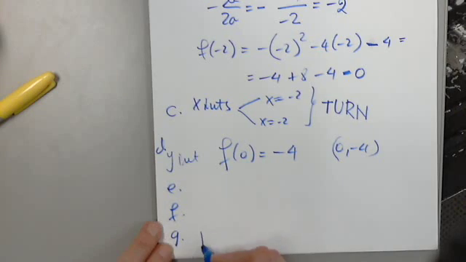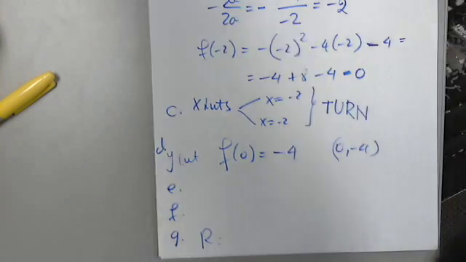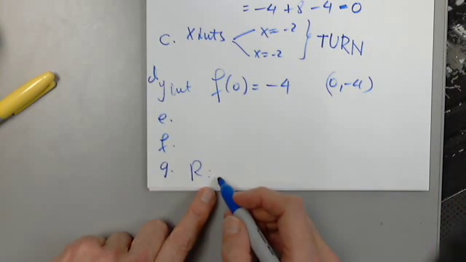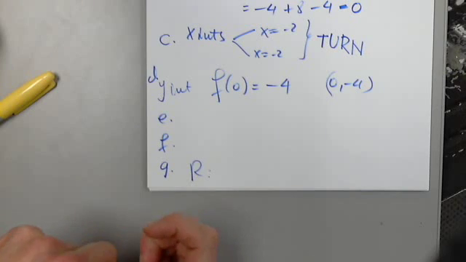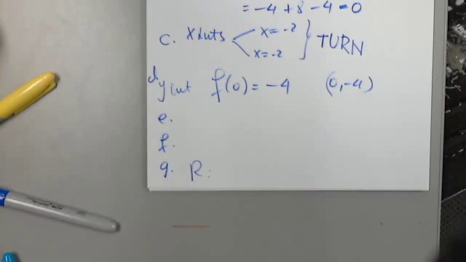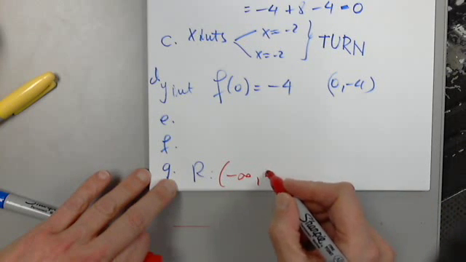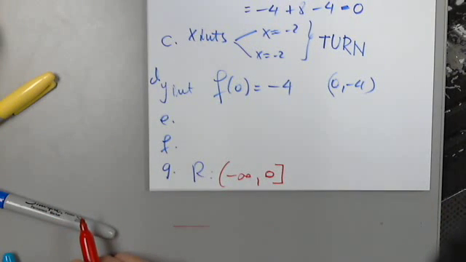Since we already pictured the graph, although we didn't even graph it, what is the range of this function? Negative infinity to 0, right? Because it touches the x-axis at negative 2, 0, so it must be negative infinity to 0.